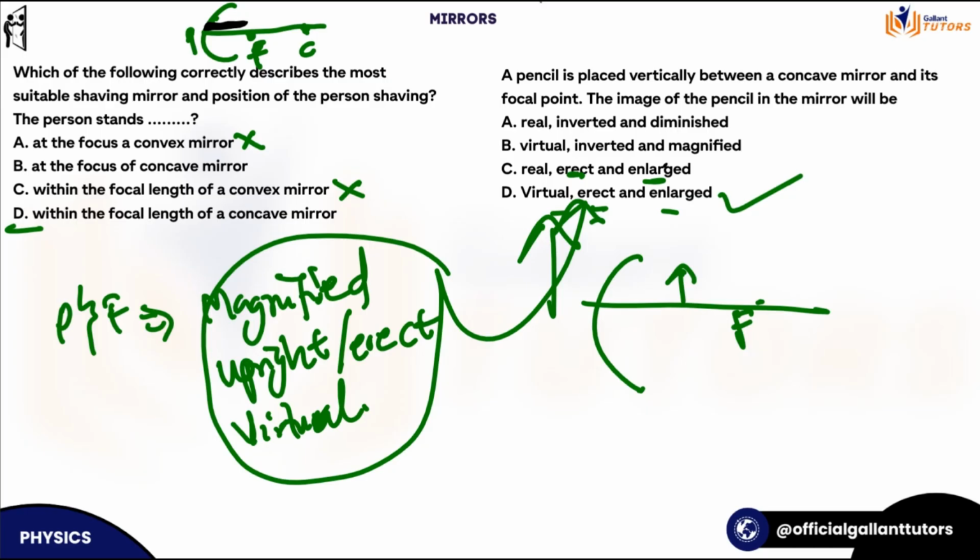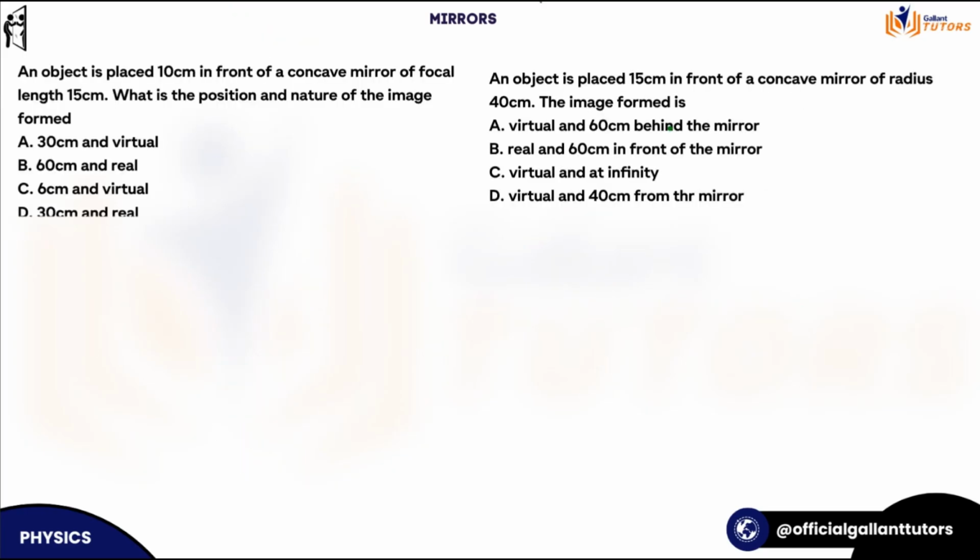Okay, let's go to the next question. An object is placed 10 centimeters in front of a concave mirror of focal length 15. What is the position and nature of the image formed?